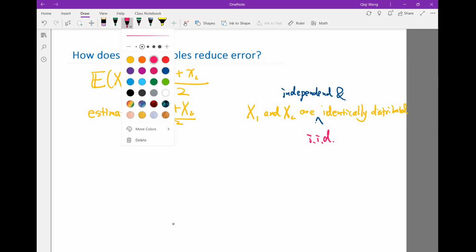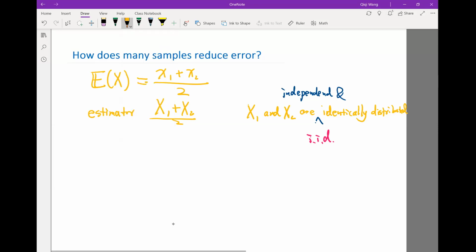So let's keep going. This is our estimator, and the thing to be estimated is still the expectation of x, which is equal to the expectation of x1, which is equal to the expectation of x2.